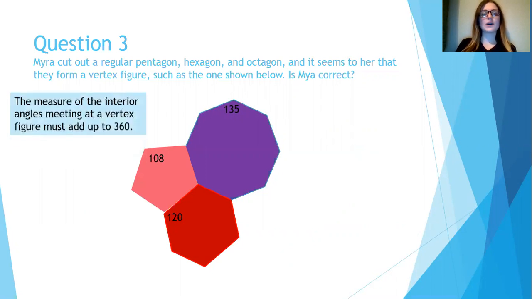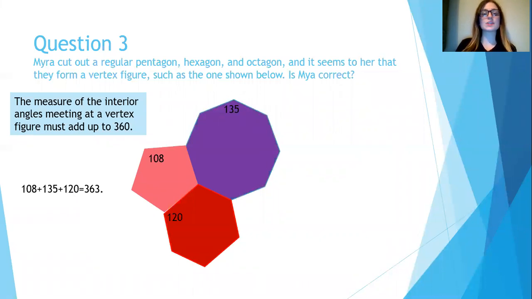So we have to know that the measure of the interior angles meeting at a vertex figure must add up to 360. So we need to add our interior angles together. So we would do 108 plus 135 plus 120, which equals 363 and not 360.